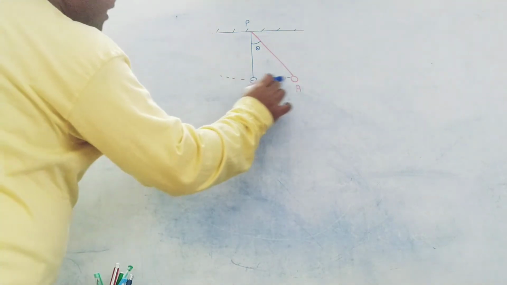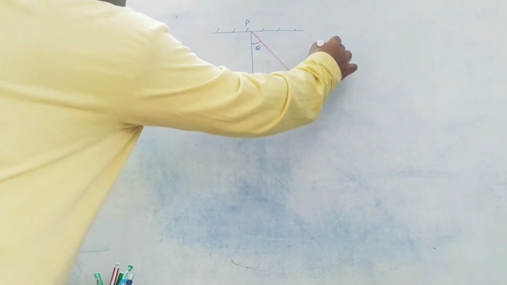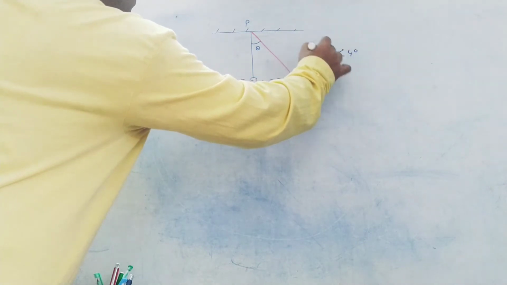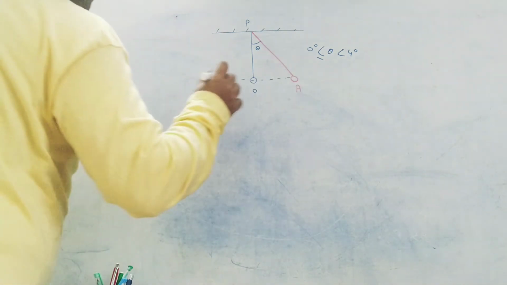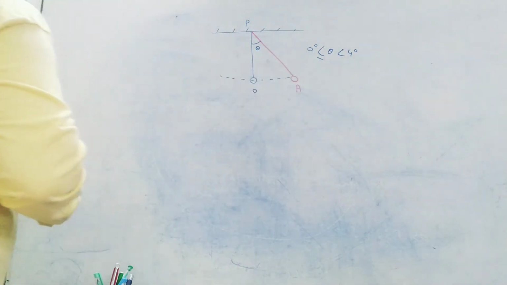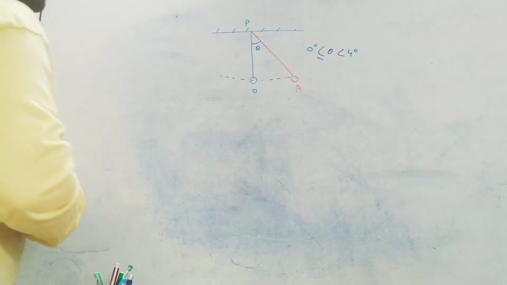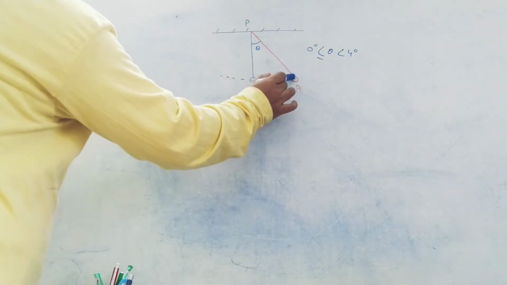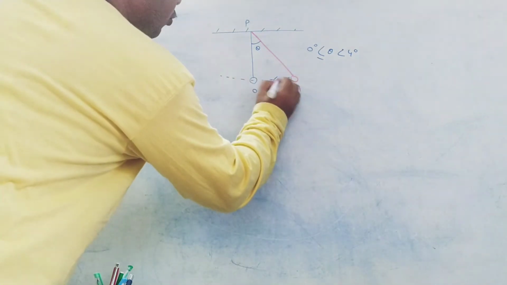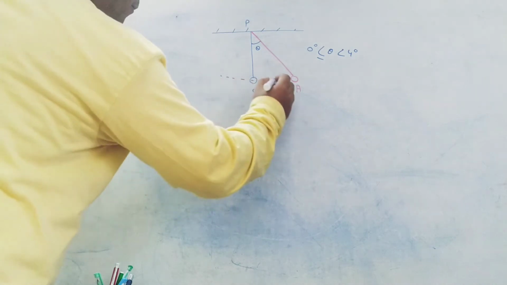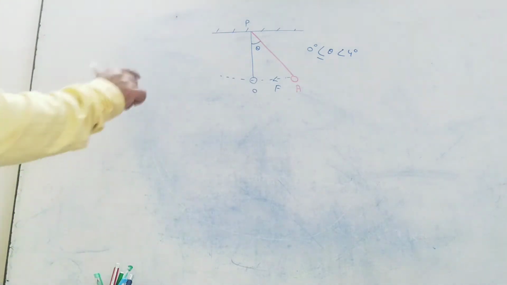When the bob is slightly displaced, that is the angular displacement is less than 4 degree, then this bob experiences some restoring force which tries to bring this bob back to its original position at the point O. This restoring force F acts on the bob.